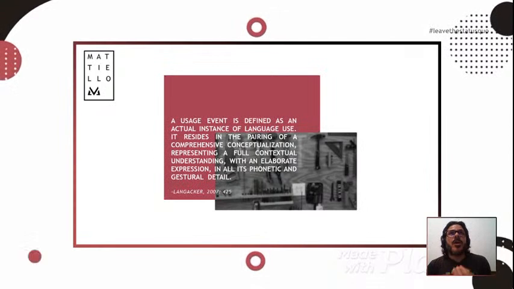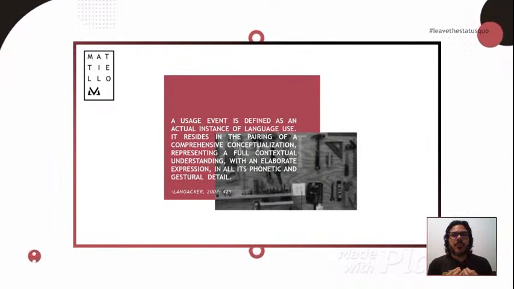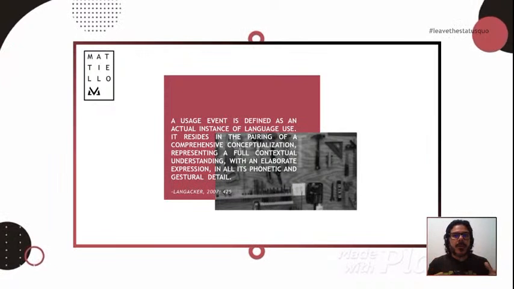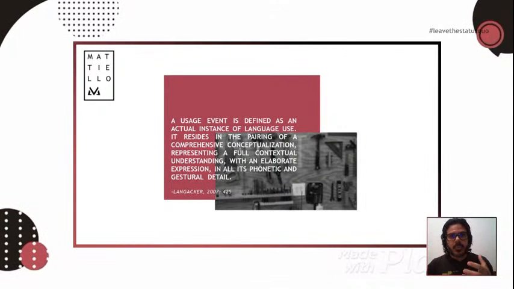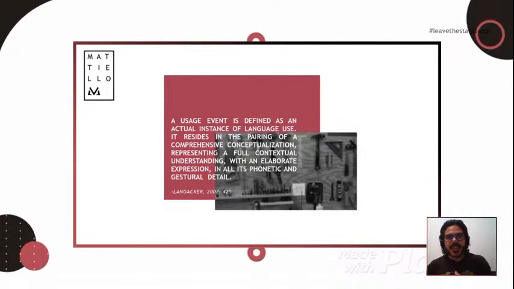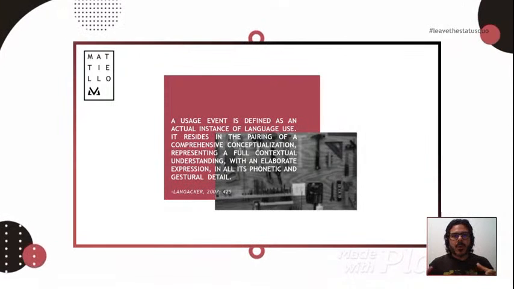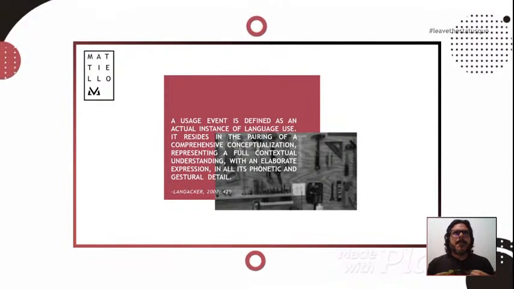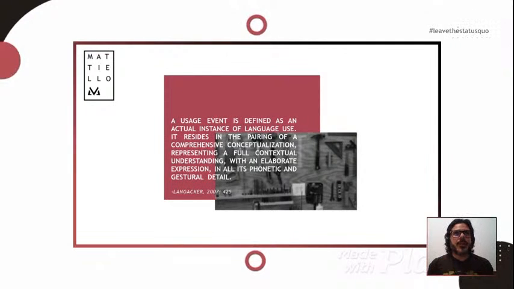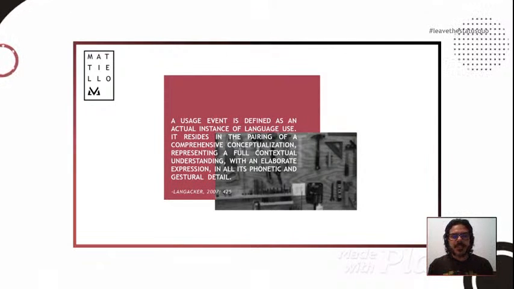Because language is nothing but a tool that we use to represent concepts, the concepts that we develop through our life stages. And we're going to develop these concepts based on usage.